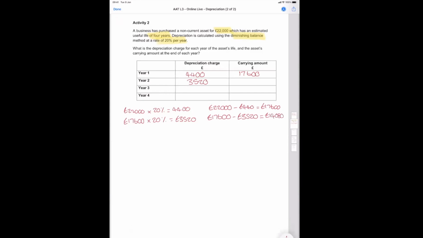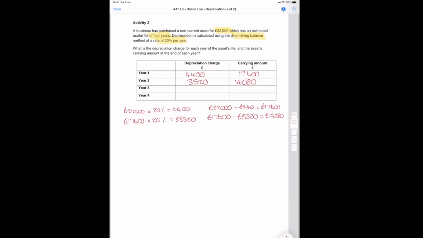Okay, so we can add that into our carrying amount box there. So after 2 years, the value of the asset has gone from 22,000 to £14,080. And we're going to repeat this process for each year.